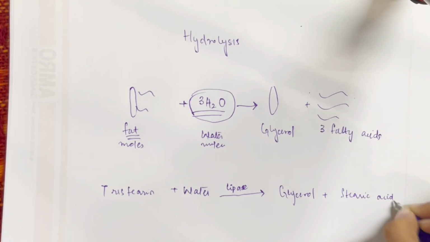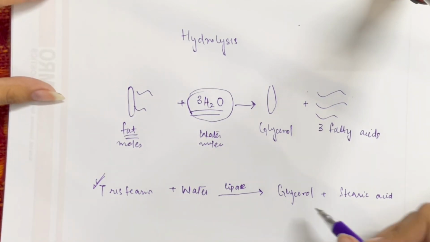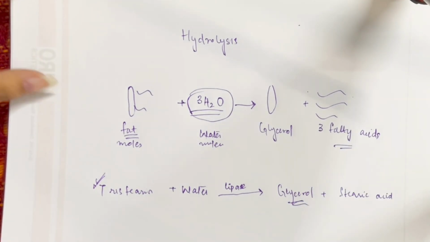This is a very common equation for the hydrolysis of lipids. All right, this is what you need to know about how glycerol and the fatty acids are produced by the hydrolysis of fats.